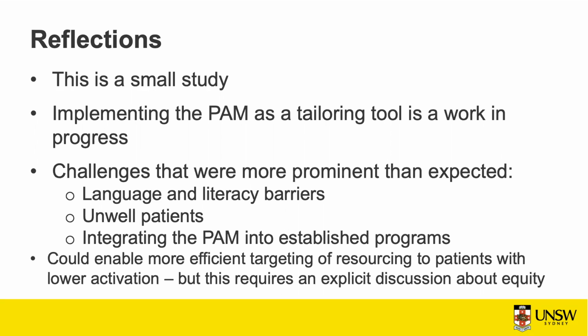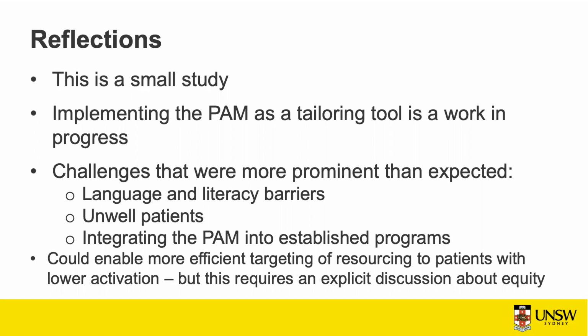One of the things that's really also interesting, and I think speaks to this issue of targeting, is PAM could notionally enable the more efficient targeting of activities and resources to people who might have lower levels of activation. But certainly my reading of the literature is that it's not clear empirically where your best bang for the buck is in terms of investing your time.